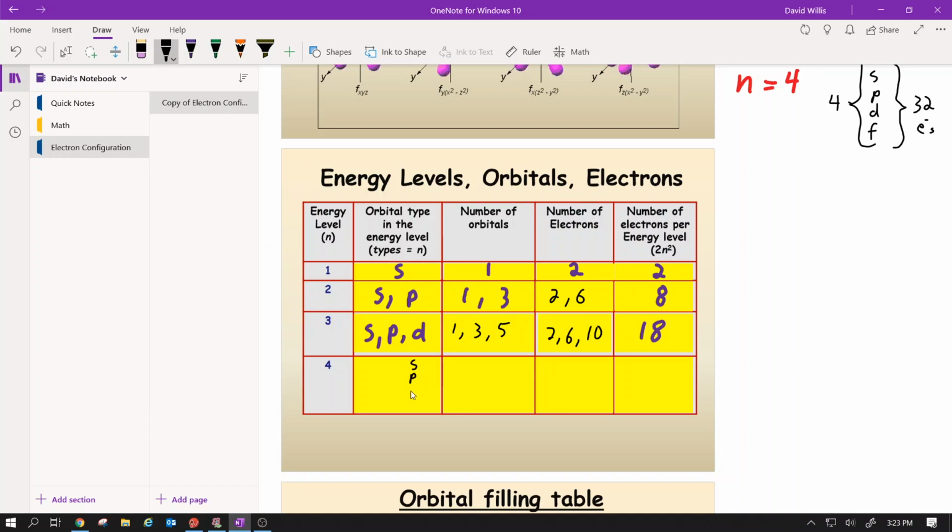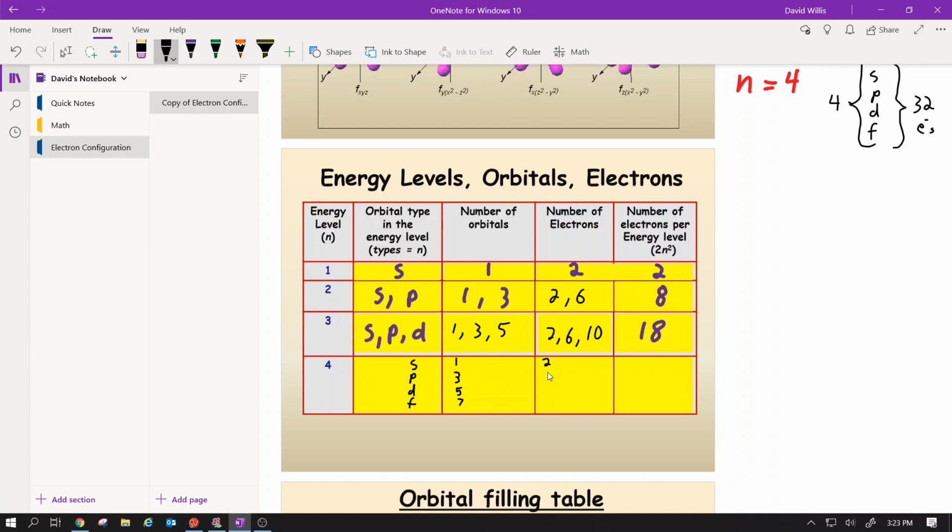Now let me write this one this way: S, P, D, F. The S only has 1 orbital. The P has 3 orbitals. The D has 5 orbitals. And the F has 7 orbitals. If you've only got 1 orbital, you can take 2 electrons.